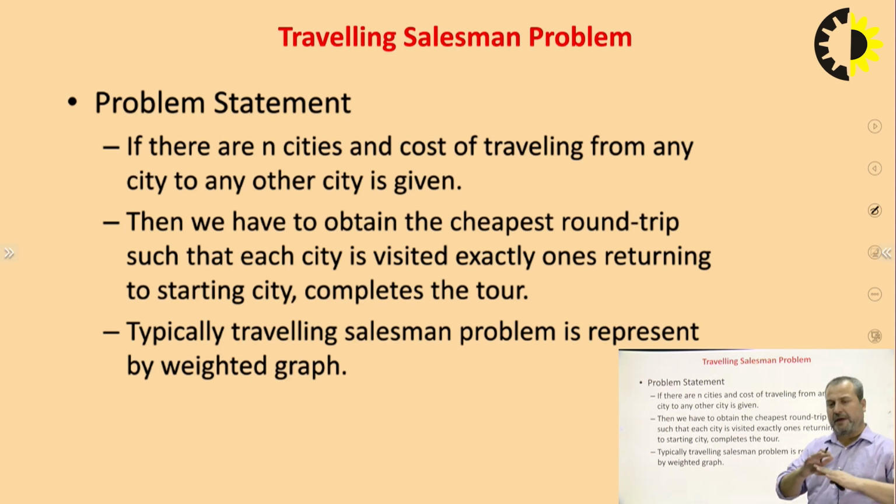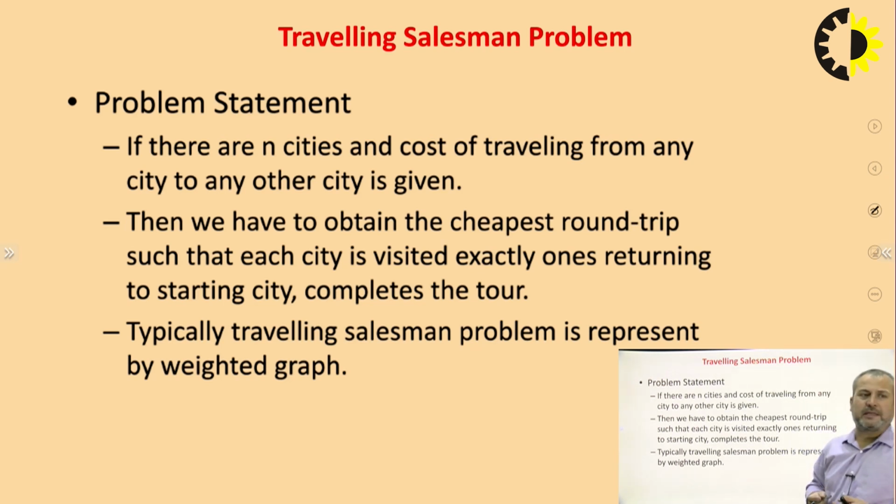Means if there are so many cities and we want to visit all cities exactly once, so that the cost of visiting all cities should be least and we return to the same place where we started the journey, then how to sort out this whole problem is under the traveling salesman.